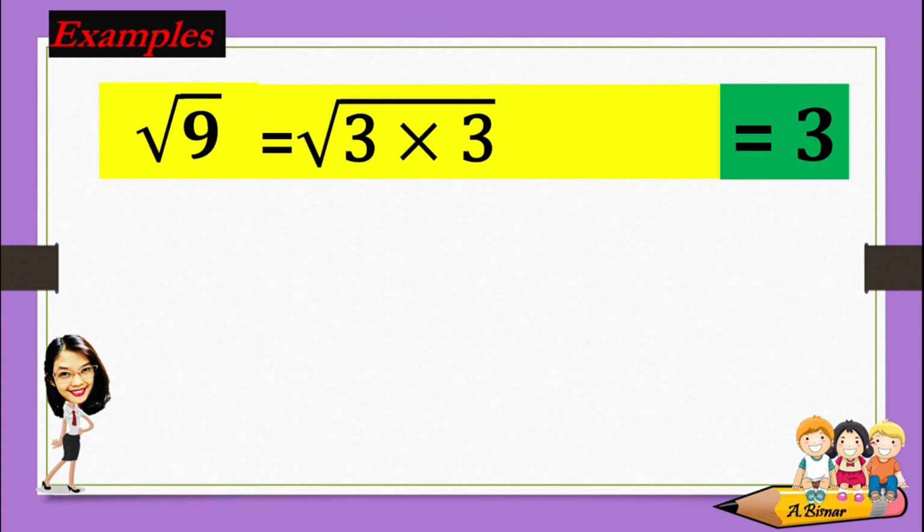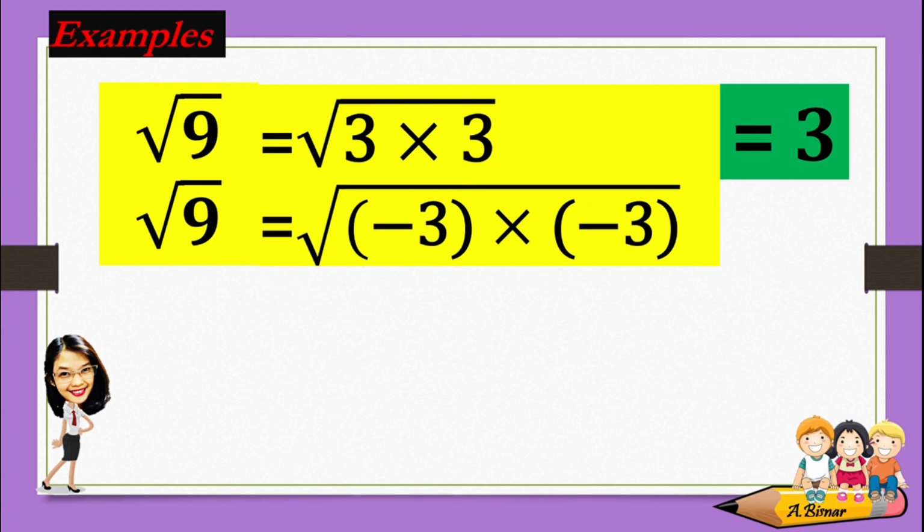However, aside from 3 times 3, square root of 9 is also equivalent to the square root of negative 3 times negative 3. This is because when you multiply negative times negative, the answer will be positive. Negative 3 times negative 3, the answer is also positive 9, which means that we have another root which is negative 3.